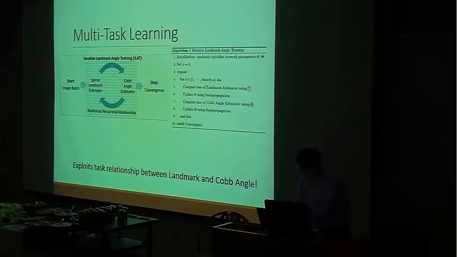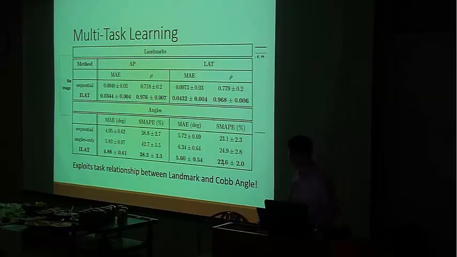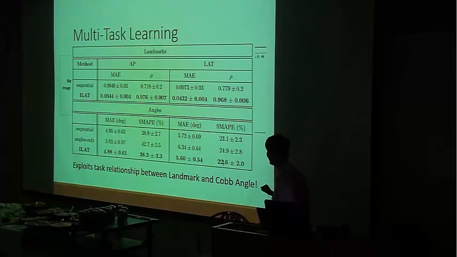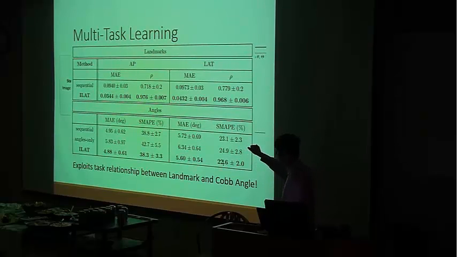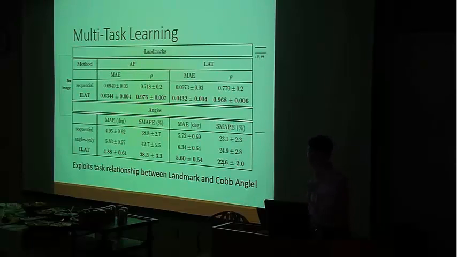And this is shown by our results, in which I compared this iterative training method against using sequential methods. Sequential is basically just training the landmarks first until it's converged, and then training your angles next until that converges. And the angles only method is basically just, we don't care about the landmarks, we just want to train for the angles.